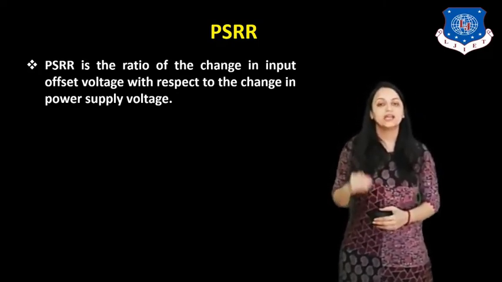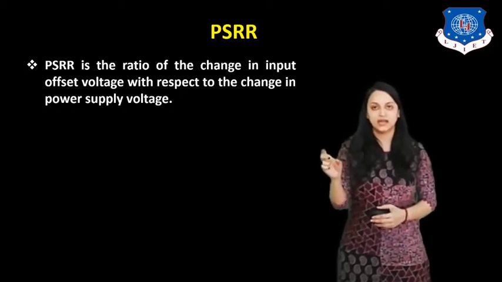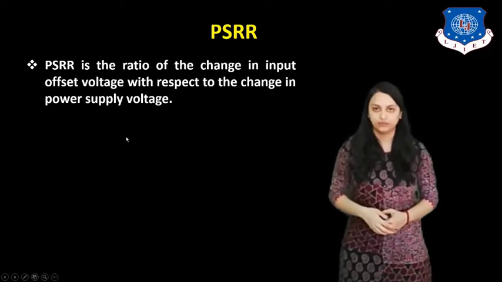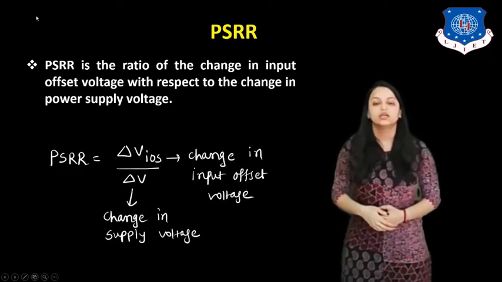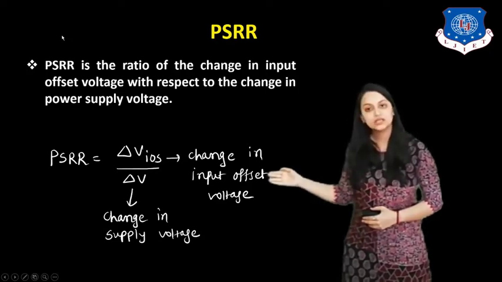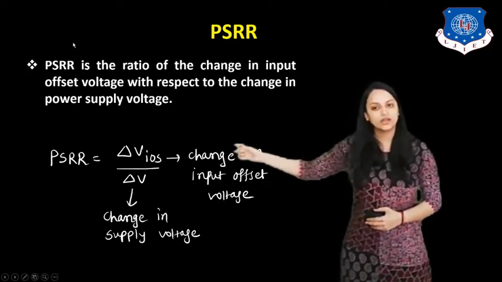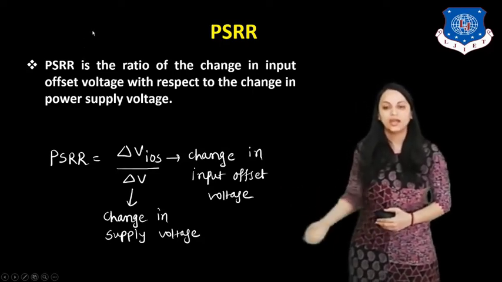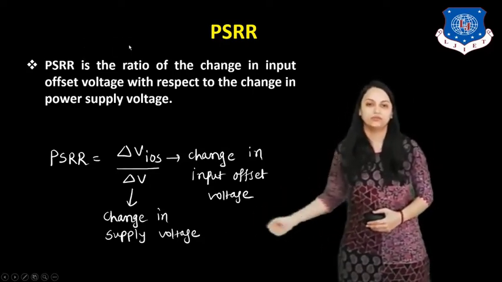So, PSRR indicates the change in input offset voltage with respect to the change in power supply voltage. We can represent it mathematically like this: PSRR equals delta VIOS by delta V, where delta VIOS is the change in the input offset voltage and delta V is the change in the supply voltage.